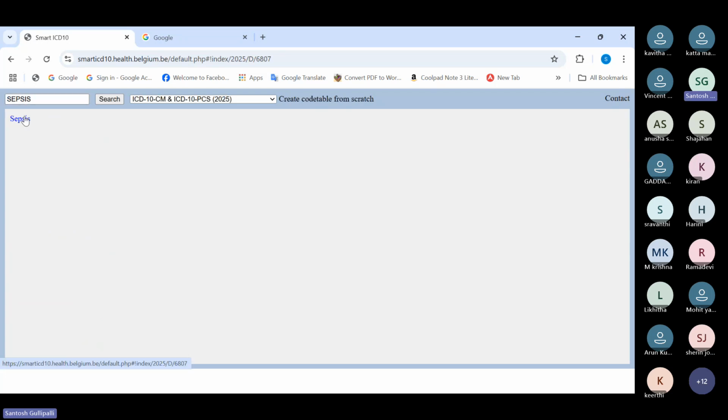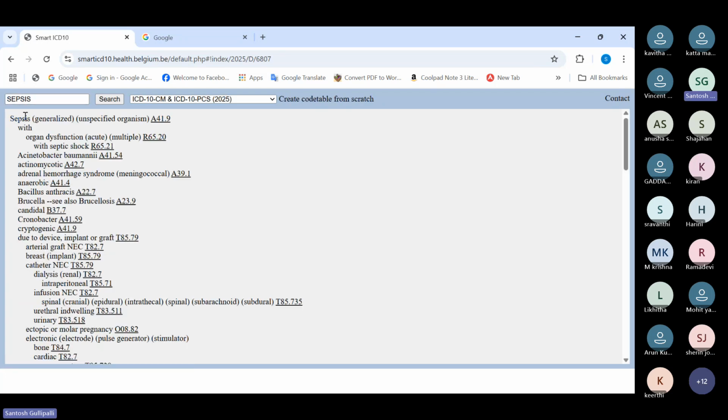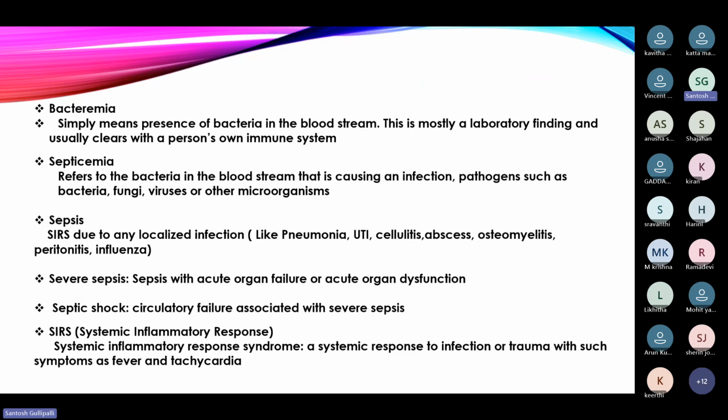The sepsis code is A41.9. So septicemia and sepsis are both the same. Septicemia means the presence of pathological microorganisms in the bloodstream, and septicemia leads to sepsis. So both sepsis and septicemia have the same code, A41.9.